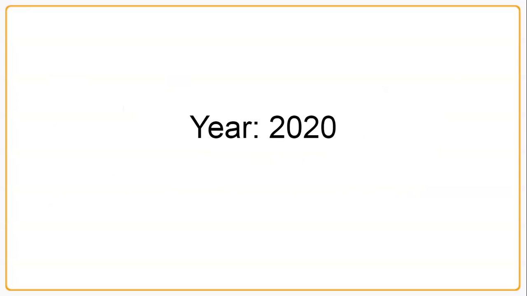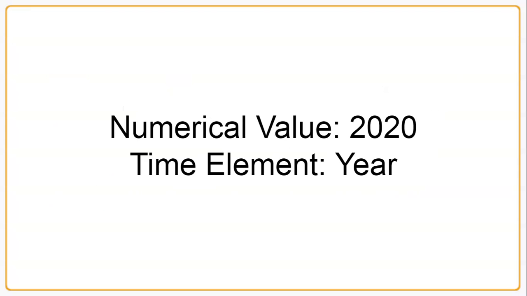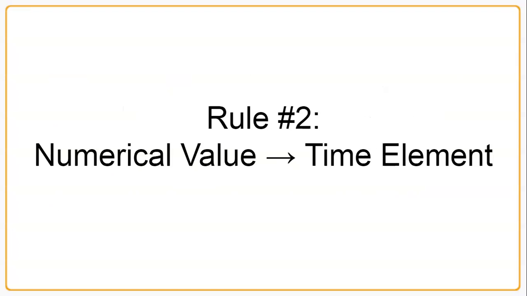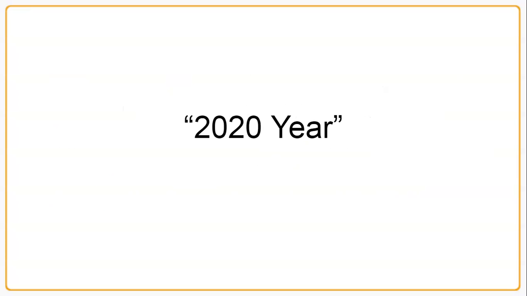Now that we have arranged the time elements, we now follow rule number 2. The first element here is year, which is 2020. Here, it has a numerical value of 2020 and a time element of year. Therefore, following rule number 2, it becomes 2020 year.